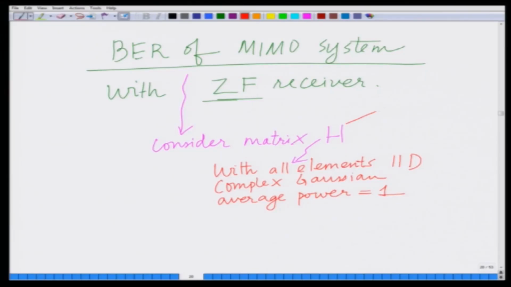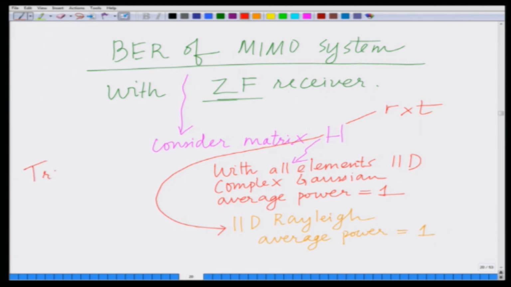So, we are considering an R cross T channel matrix. So, there are R times T channel coefficients. Further, we are considering these channel coefficients to be IID Rayleigh fading, where the average magnitude square of each Rayleigh fading coefficient is 1. Let the transmit symbol power be P, alright.